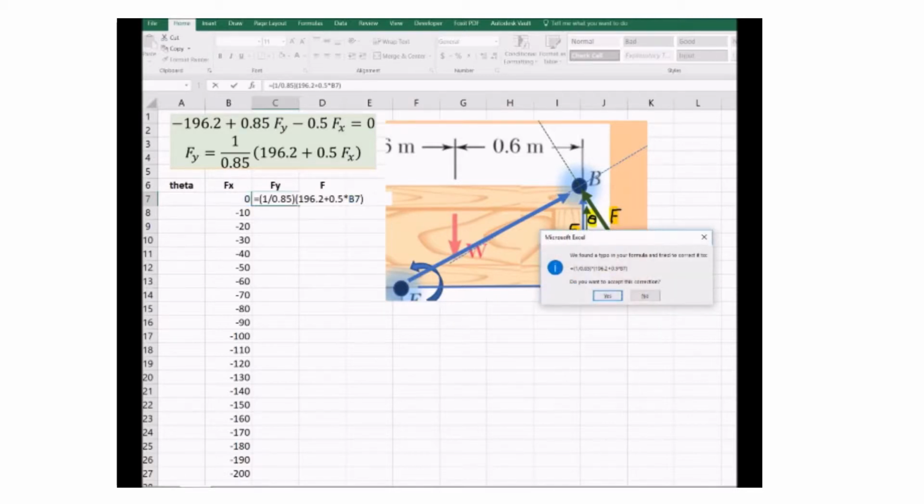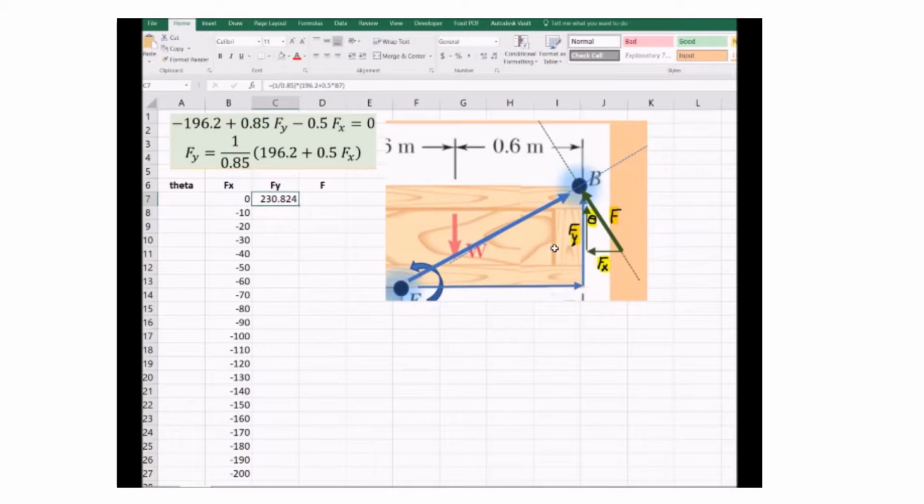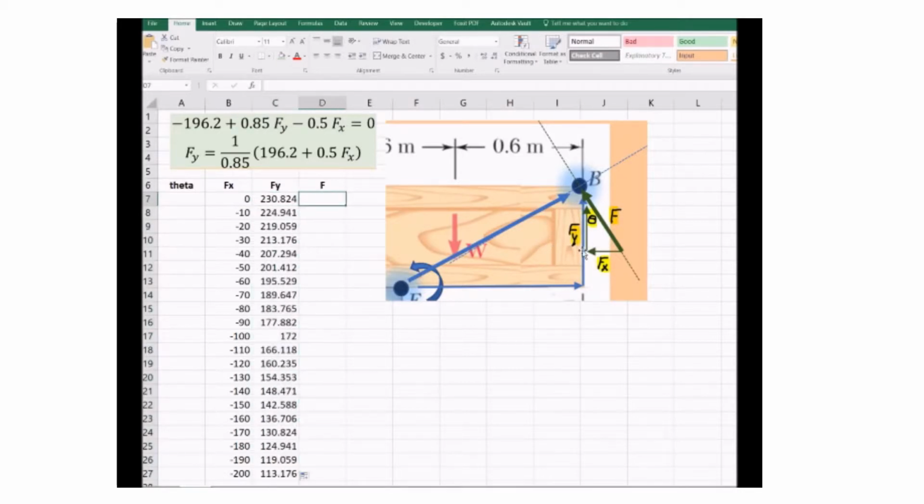So there's our equation. If you just double click on the lower right hand corner, it'll fill that equation in all the way. And we don't have dollar signs, so it will update the cells that it is calculating that Fy from. If we have Fx and Fy, we can get the total force, just a squared plus b squared equals c squared.